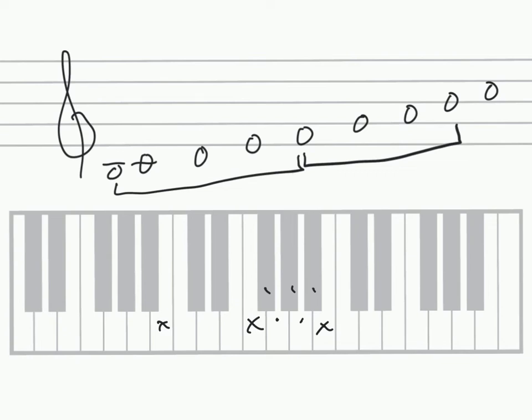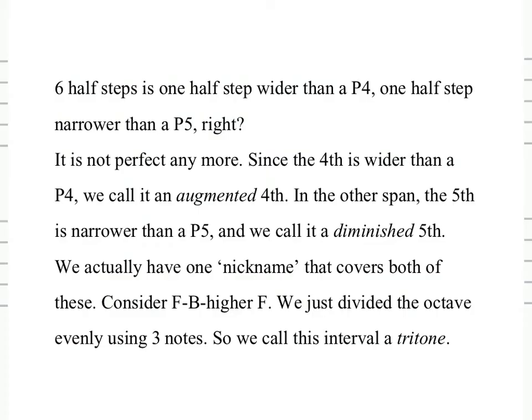And half steps the other way, 1, 2, 3, 4, 5, 6. So that's in between 5 and 7, and going this way is a fourth, and going this way is a fifth. So 6 half steps is 1 half step wider than a perfect fourth, and it's 1 half step narrower than a perfect fifth, right? So it's not perfect anymore.